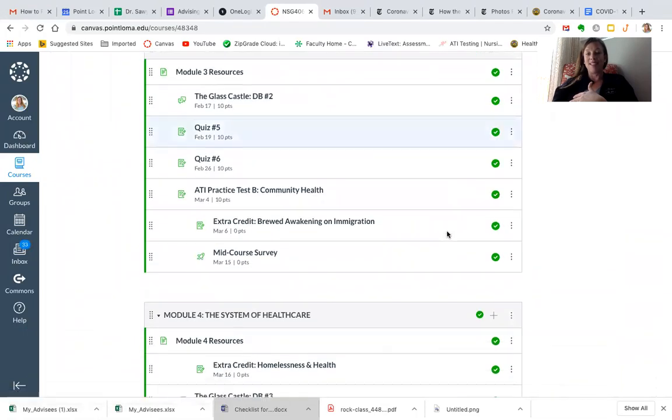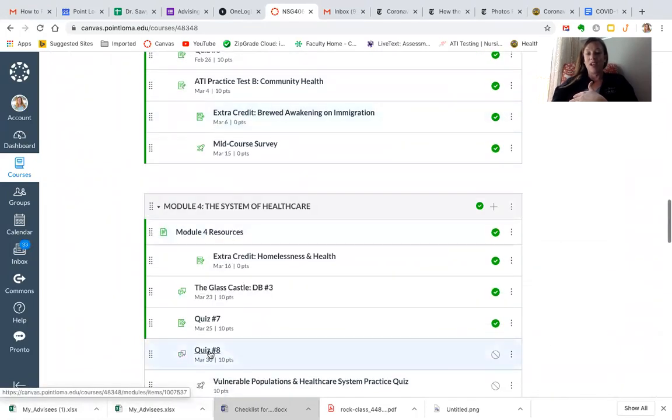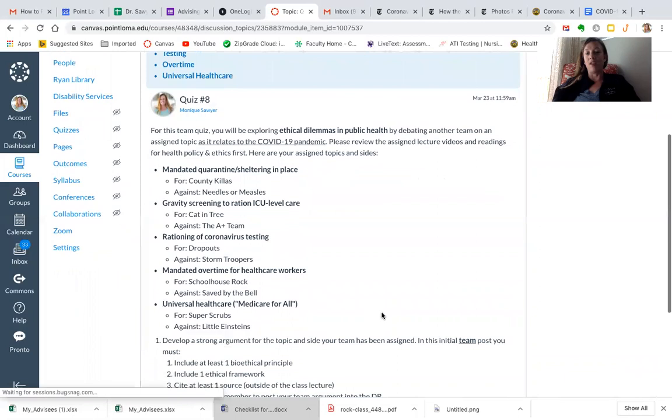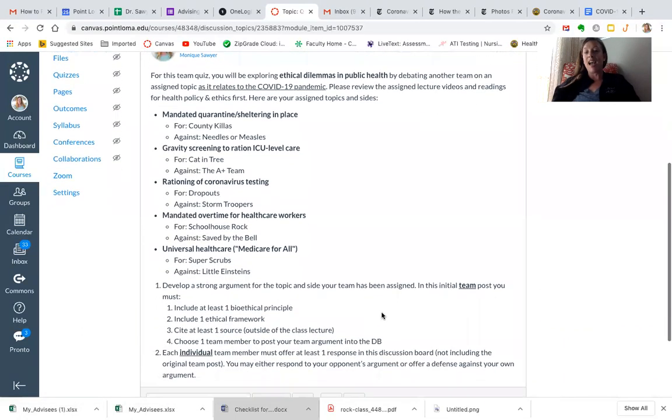This isn't published yet, I'll publish it in a minute. But essentially, I have assigned you to a topic and a for or against here. As a team, I want you to post your initial discussion here as a team. So just pick one member to post and to include the different things that are listed there. I do want you to find some outside sources, at least one.